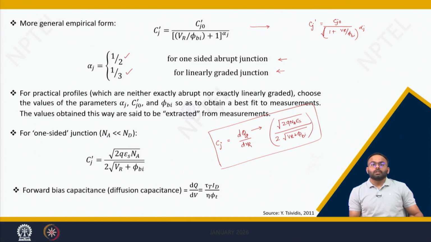So, this is the junction capacitance for a one-sided junction.